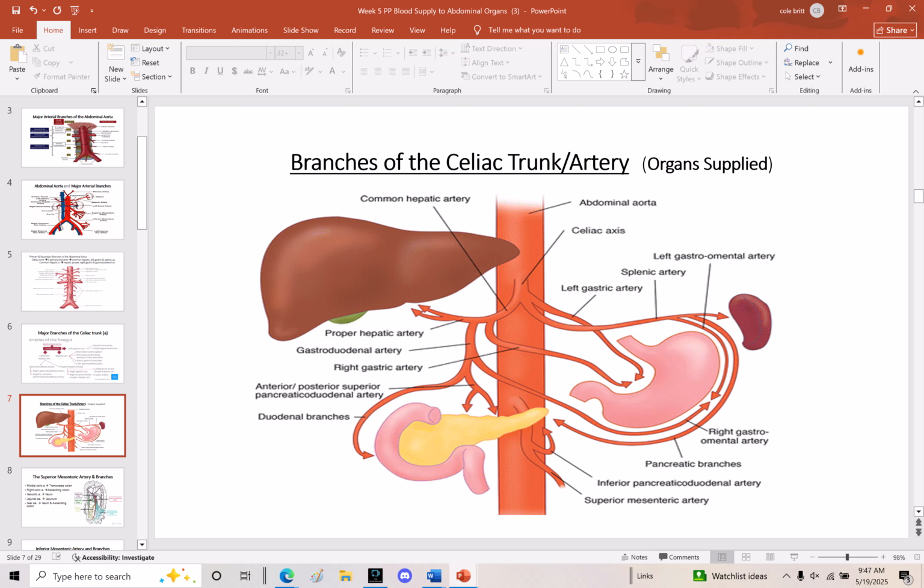They are in the foregut. Coming off our superior mesenteric artery right here, we have the inferior pancreaticoduodenal artery. That supplies the third and fourth portions of the duodenum because they are in the midgut.